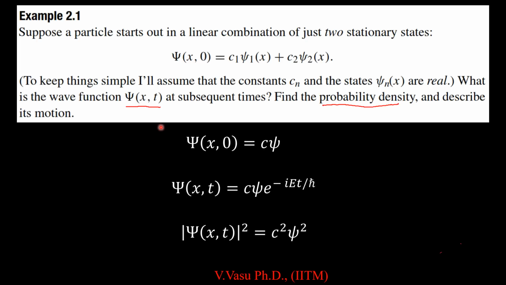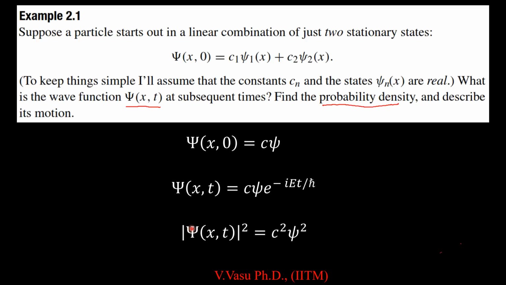Now we take a single wave function, that is psi(x,0) = c psi, a single stationary state. Then psi(x,t) for this single state is c psi e^(-iEt/ħ).